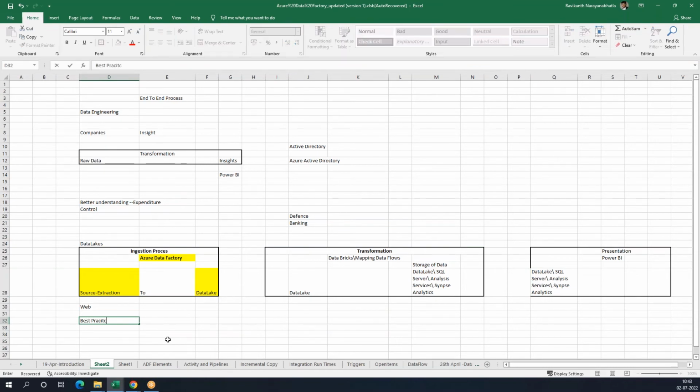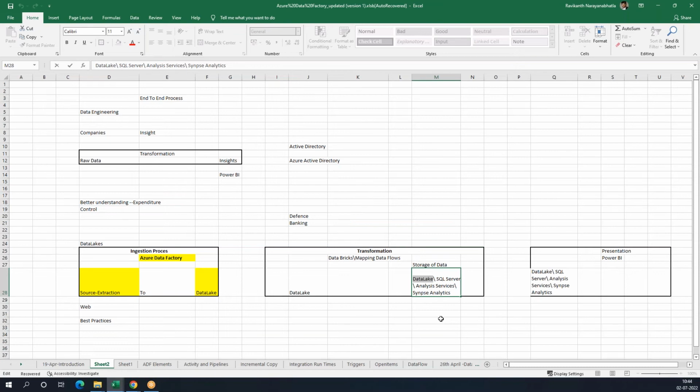Yes, I have one doubt. Is any other kind of storage available right now, like blob or any other storage? What are the storages available in Azure? Yeah, when I'm talking about data lake and all that, I'm talking about the actual flavors of Azure Blob, Azure containers, and all that.